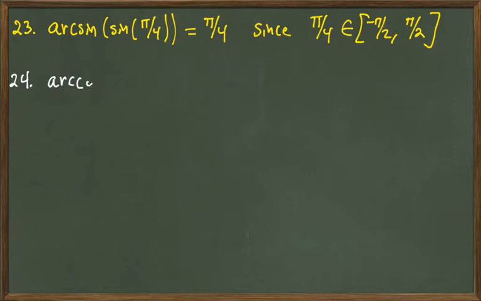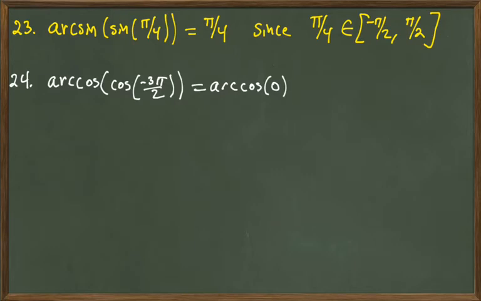But what if we did something like the arc cosine of the cosine of negative 3 pi over 2? That is not in the restricted domain, and the restricted domain is 0 to pi. So what we can do is evaluate the cosine of negative 3 pi over 2, and that's 0.